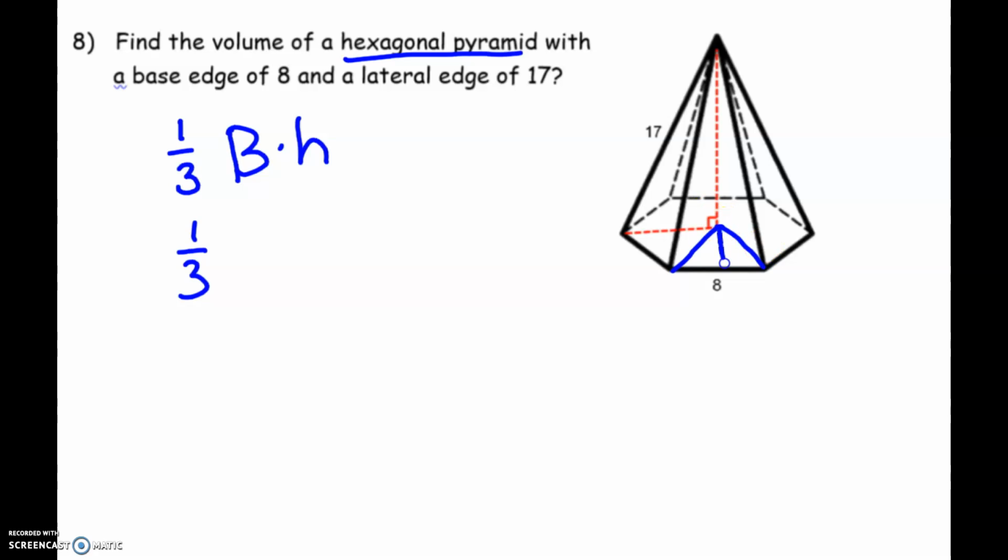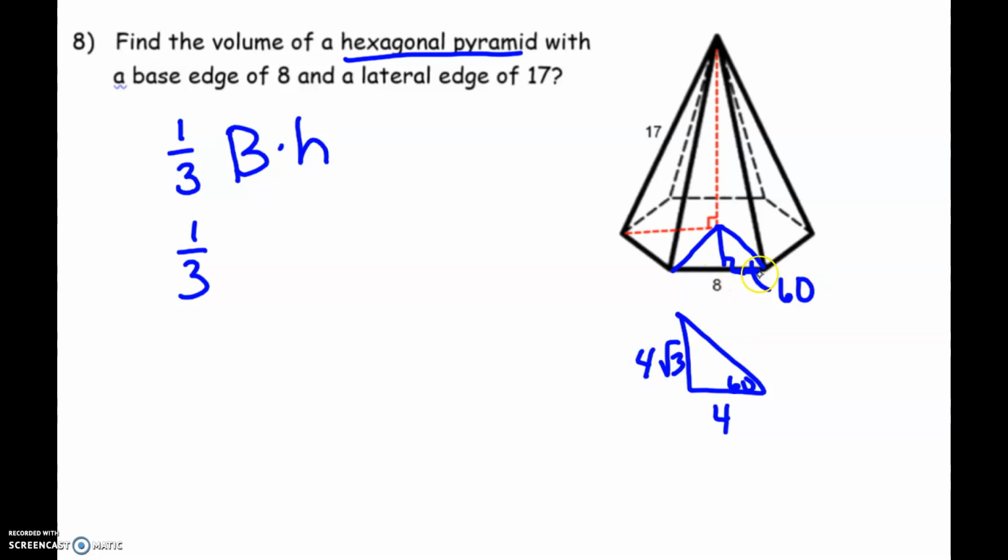Remember, this is a 60-60-60, so I'm chopping it into a 30-60-90, this angle down here being 60. So this length here, looking at a right triangle, where this is 4, if this is 60, this leg over here is 4√3.